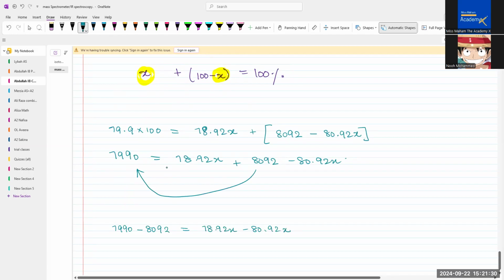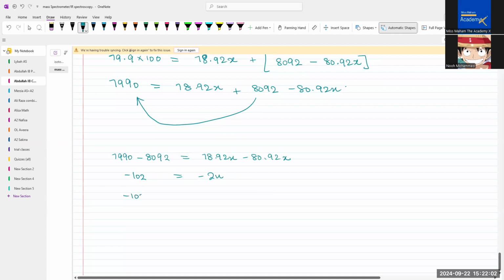Now I'm going to solve it. And 102 divided by 2. Minus minus gets cancelled. X turns out to be 51. Okay?